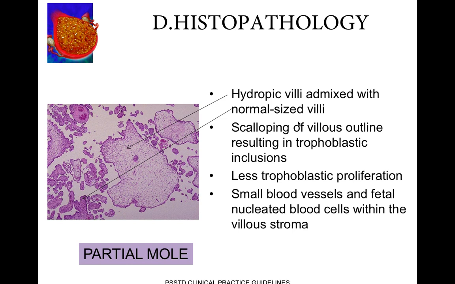On the other hand, partial hydatidiform mole consists of two populations of normal-sized and grossly hydropic chorionic villi. And compared to complete mole, the trophoblastic proliferation in partial mole is focal. The edematous villi will also feature scalloping, trophoblastic inclusions, stromal vessels, and villous fibrosis.